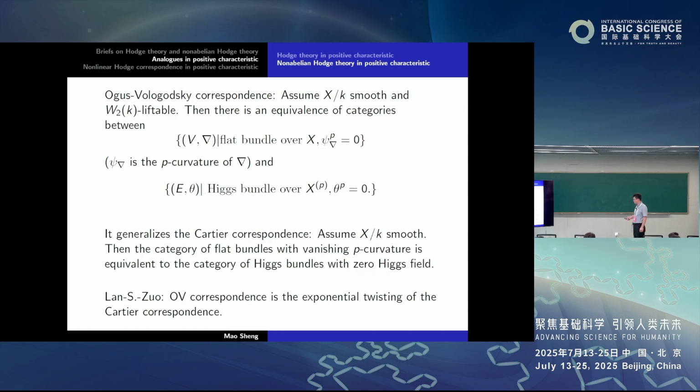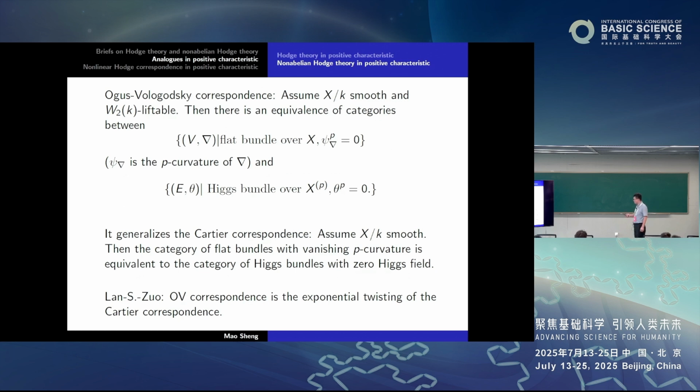So the p-curvature just measures the difference between the Frobenius p in the base and the Frobenius p on the fiber, so to speak. And this invariant, the p-curvature, is actually very crucial to establish this correspondence in KXP.